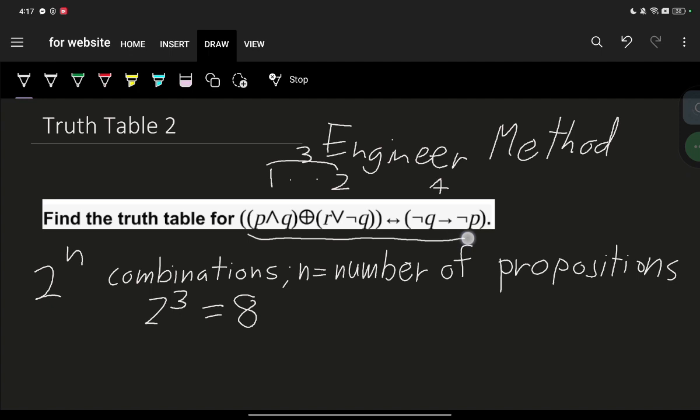Comparison of 3, which is composed of 1 and 2, and 4. And that makes segment 5. So this will be cut into 5 segments. I will now assemble the truth table.